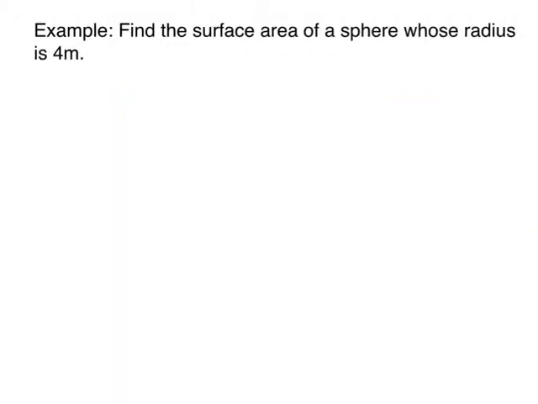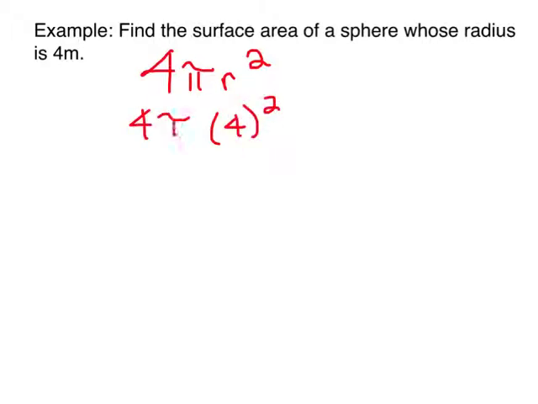All right, this says find the surface area of a sphere whose radius is 4 meters. My surface area formula is 4 times pi times the radius squared. So I'm going to put in 4 for r. 4 squared is 16 times 3.14 times 4.